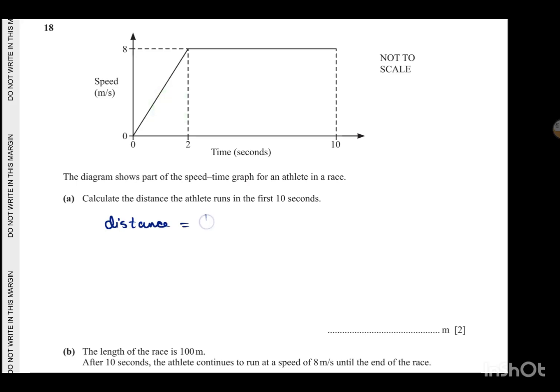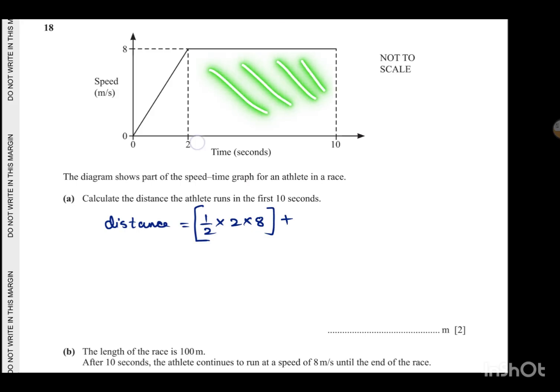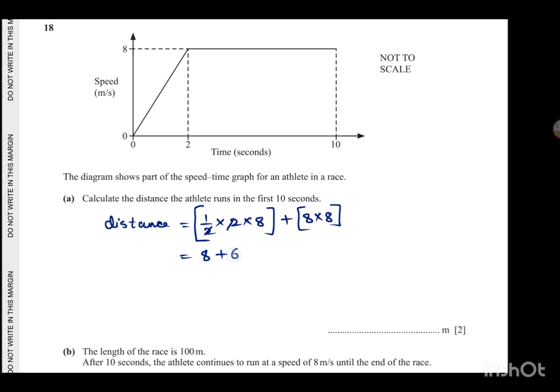So we'll do half into base, which is 2, and height, which is 8. Then you add the area of this part, that is a rectangle. This is 8 and this is also 8, that means it is a square. So 8 into 8. The 2 gets cancelled, this is just 8, 8 plus 64, which is 72.